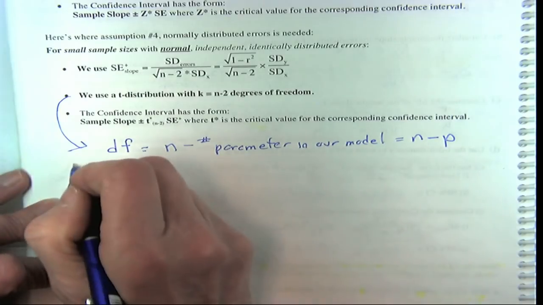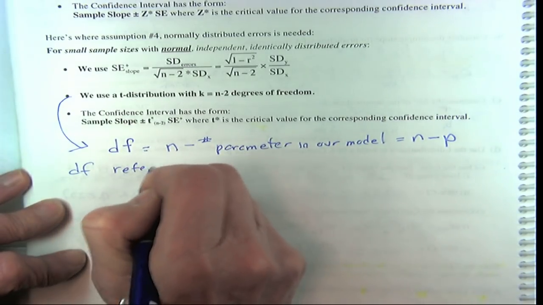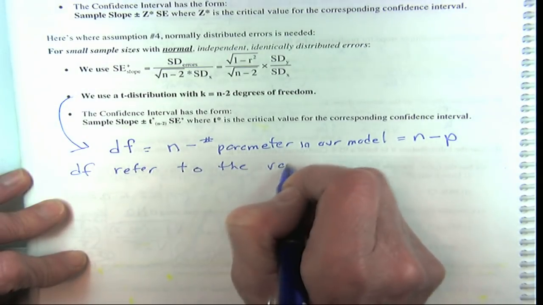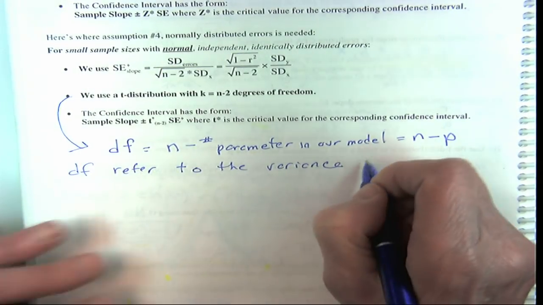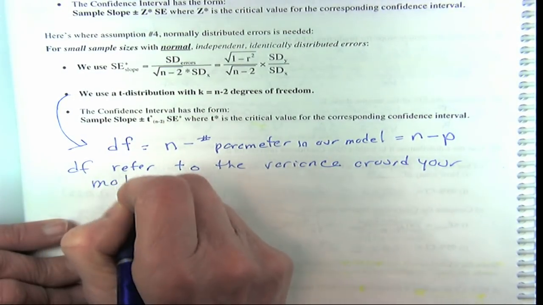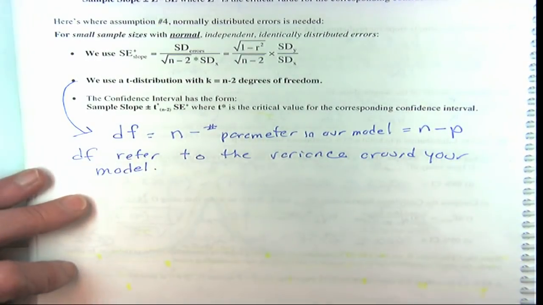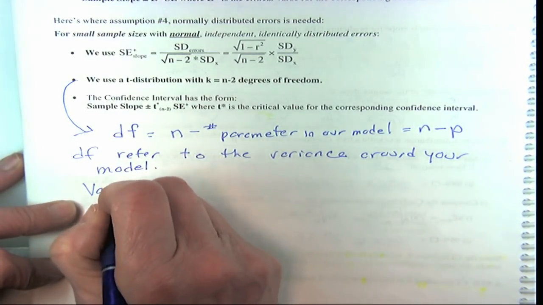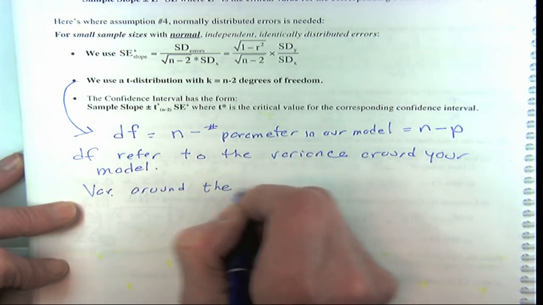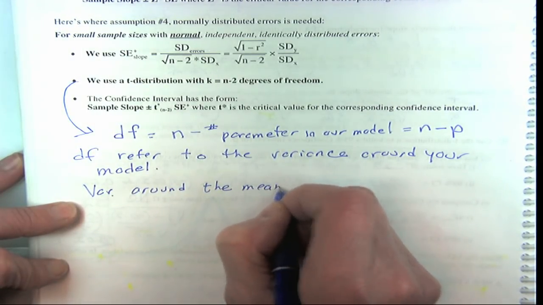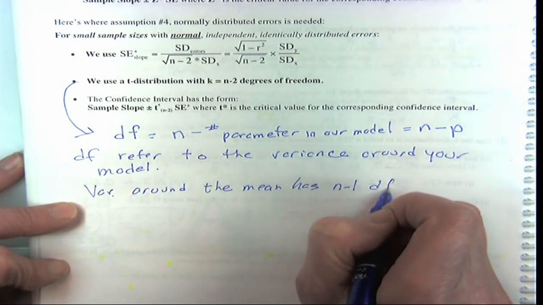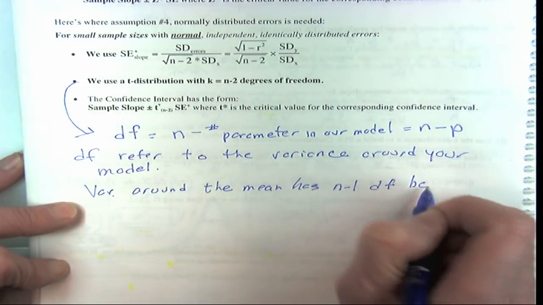So the degrees of freedom refer, as I can think about it, to the variance, the scatter, the variability around your model. Okay, so starting with the variance around the mean, it has n minus 1 degrees of freedom because we only have one parameter.